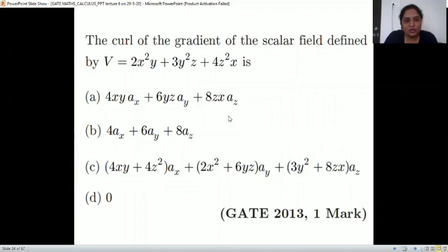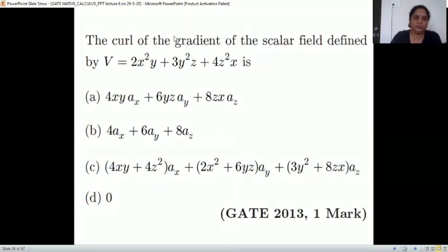The curl of the gradient of the scalar field defined by V is given as a scalar field. So find out the curl of the gradient of the scalar field and tell me the answer.